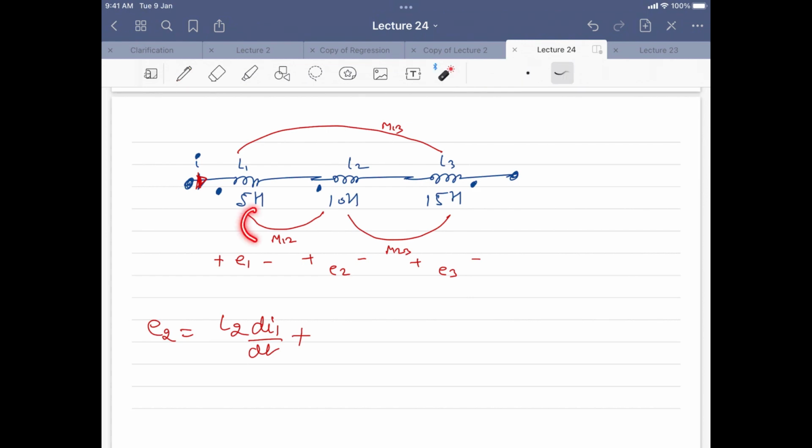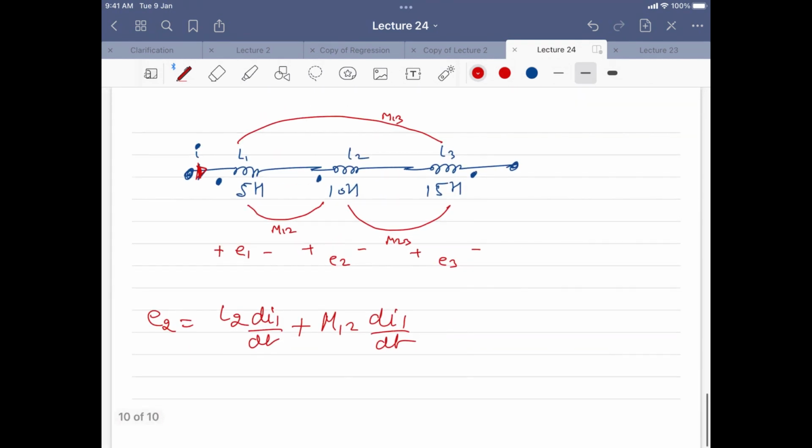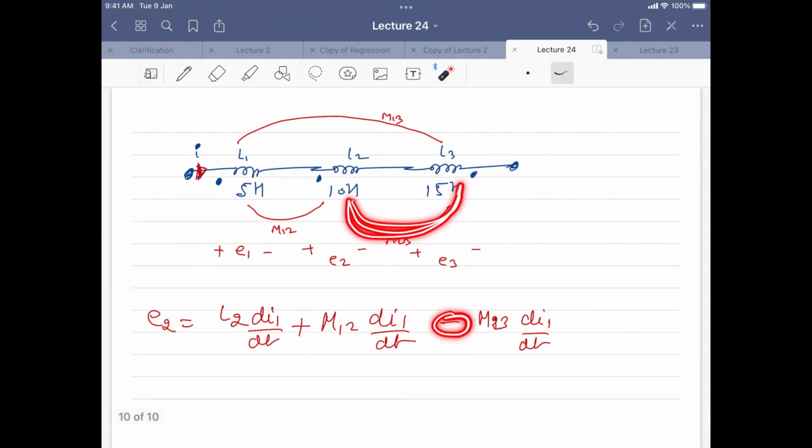If you recall, M12 and M21 will be the same, because the mutual inductance between the two is positive, so whether you take it for this or for this, the polarity will be the same. And then how about L2 and L3? Will it be positive or negative? Negative. Minus M23 dI1 by dt, because current is entering here and in this case it is leaving. So that's why the mutual coupling between the two gives you a minus value.